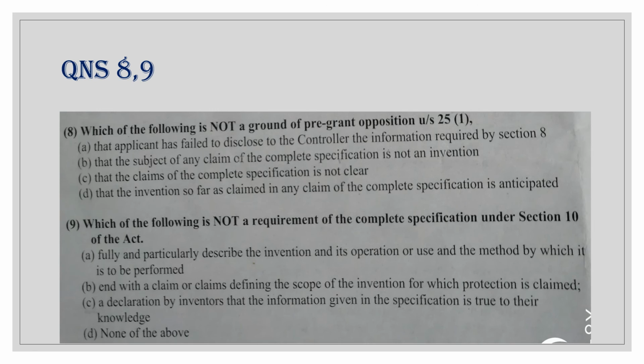Option A is that the applicant has failed to disclose to the Controller the information required by section 8. Option B is that the subject of any claim of the complete specification is not an invention. Option C is that the claims of the complete specification is not clear. Option D is that the invention so far as claimed in any claim of the complete specification is anticipated.